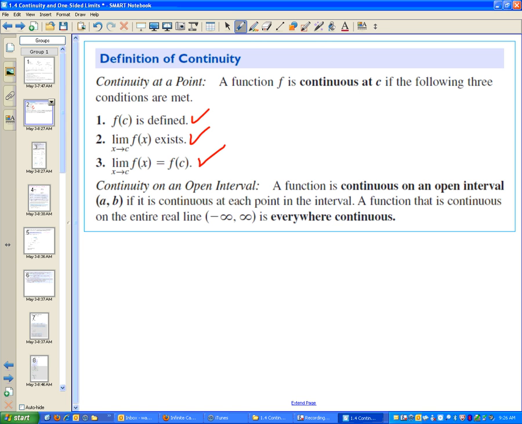All right, that's what this guarantees. No hole. Okay? So, the function has to exist at c, the limit has to exist as x approaches c, and the value of the function at c has to equal the limit as x approaches c. Those things guarantee continuity. Right? And look back to this.